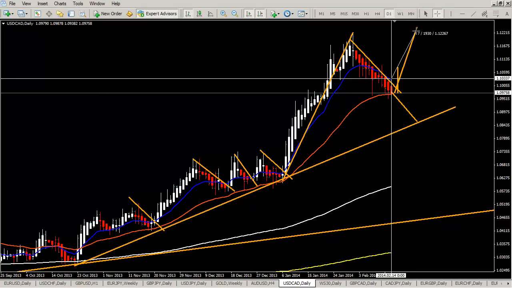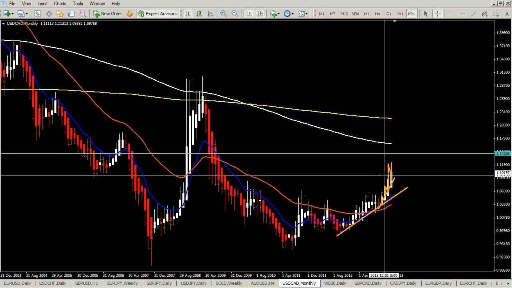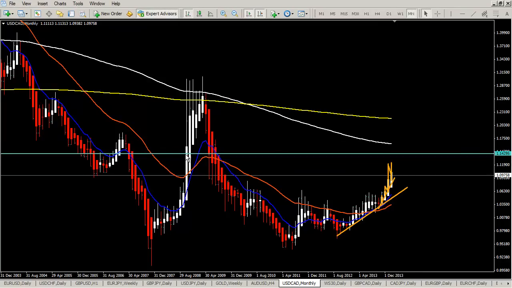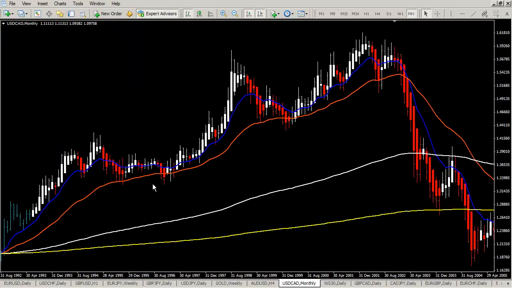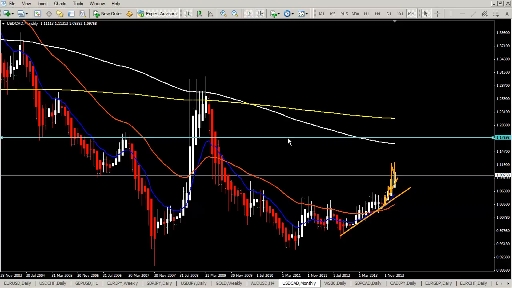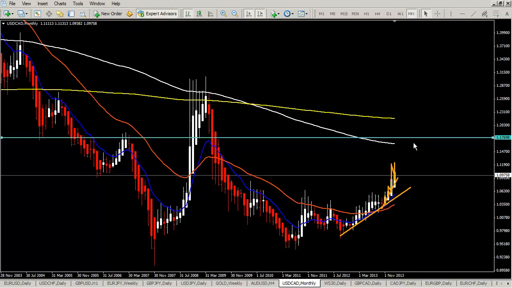Of course, an extension target from the monthly chart, actually the 1.14 area, previous resistance coming back from far away. But ideally, sorry, I take you up here, previous resistance, support and resistance here at 117 would be a good target. You also have the 200 EMA acting as resistance there. So for swing traders, good luck.